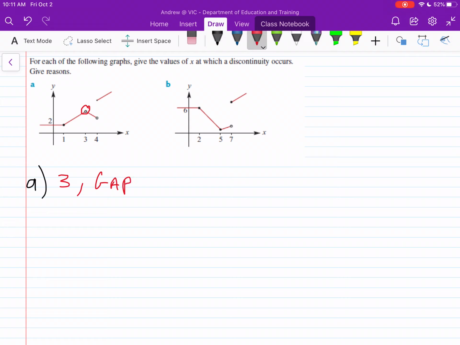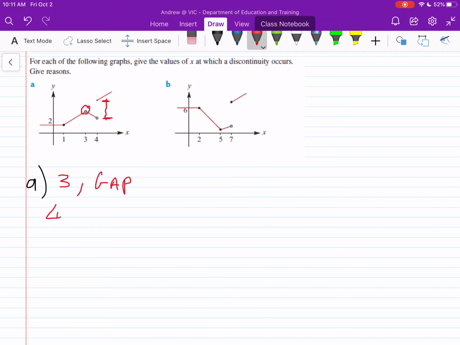But we also have another one, and hopefully you identify here, at 4, it goes from this point here to this point up here. I probably shouldn't be using red because that's the same color as the graph. But anyway, we've got this jump here at 4. It still includes 4, like 4 has a point which is a value at 4, but it jumps.